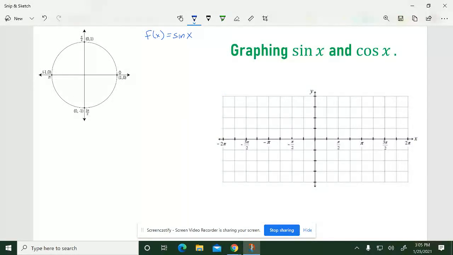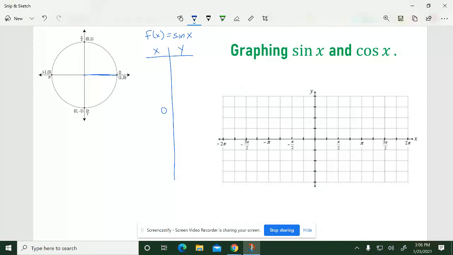So anyways, let's go ahead and make a table. The idea is if we take a value of x, which is going to be an angle measured in radians, so if we plug in a radian value for x, y is going to be whatever we get when we do sine of that radian value. So for example, let's start at 0, because that's where the unit circle starts, which is right here on the x-axis.